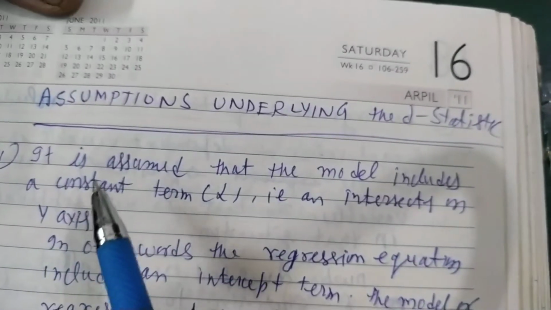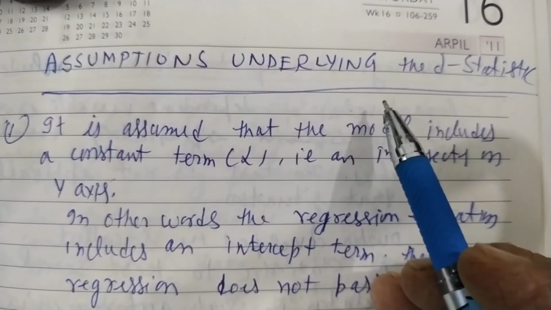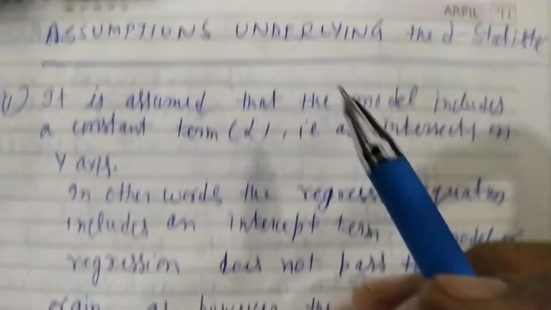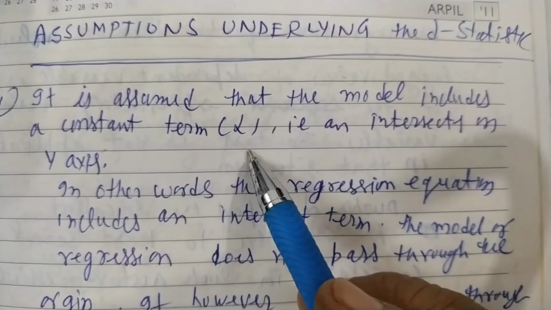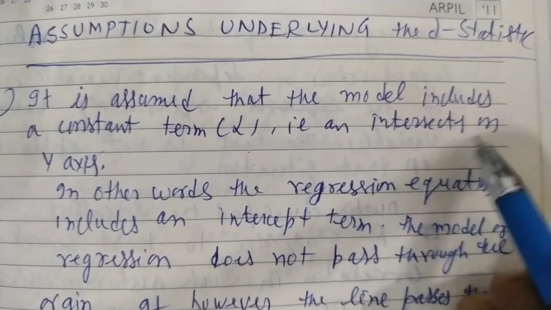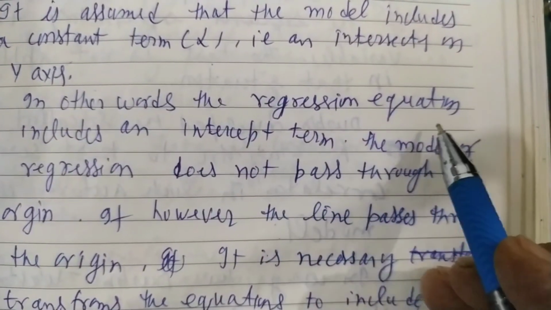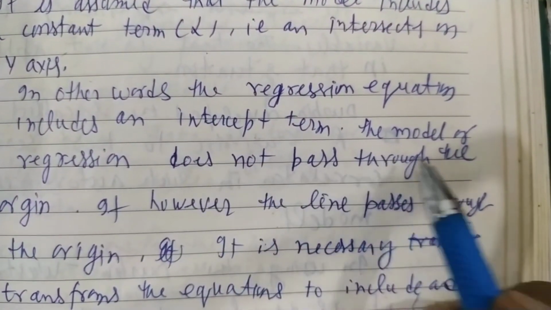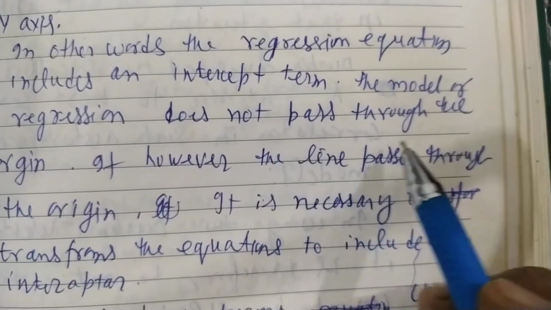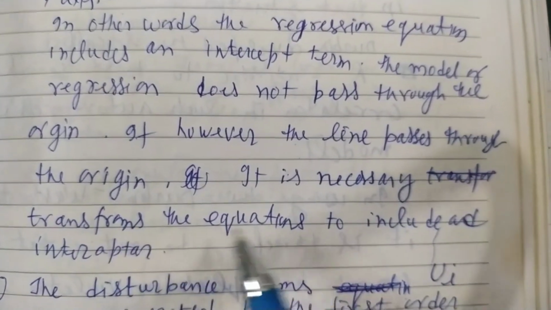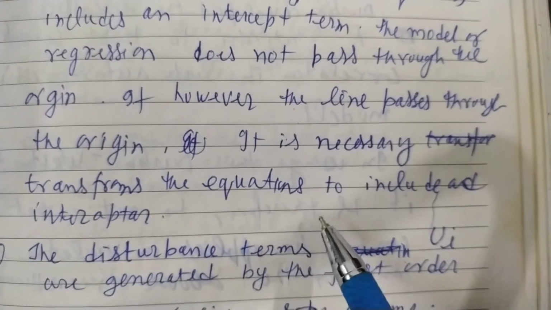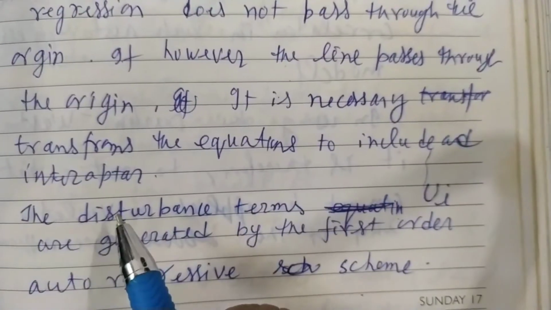Also, we can test the autocorrelation. Assumptions underlying the d statistic. First, it is assumed that the model includes a constant term alpha, that is the intercept on the y-axis. In other words, the regression equation includes the intercept term. The model or regression does not pass through the origin. If, however, the line passes through the origin, it is necessary to transform the equation to include an intercept.